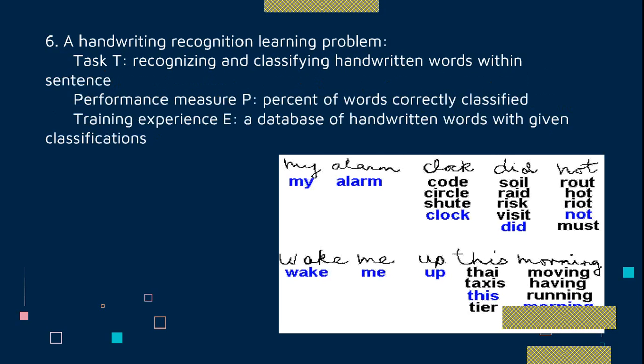If you want to work on handwriting recognition, how can we decide this? The task is to recognize and classify the word. Whatever is written by hand is called handwriting. My first task is to properly recognize the word.